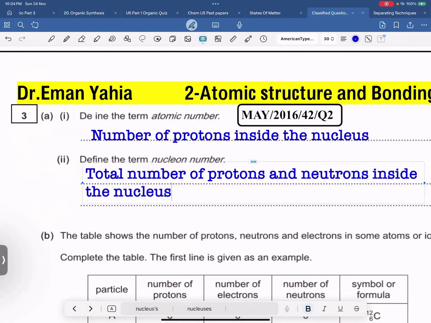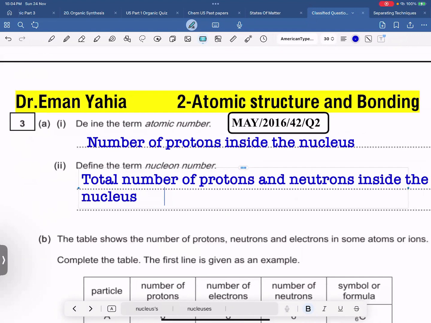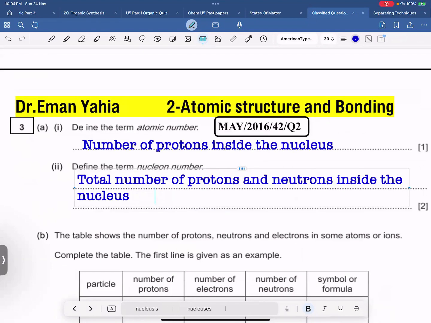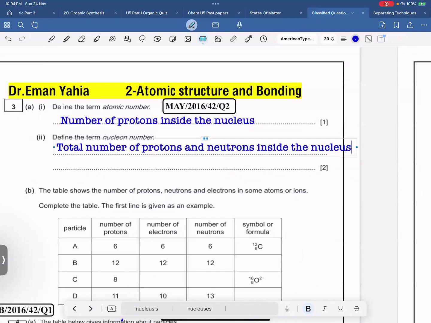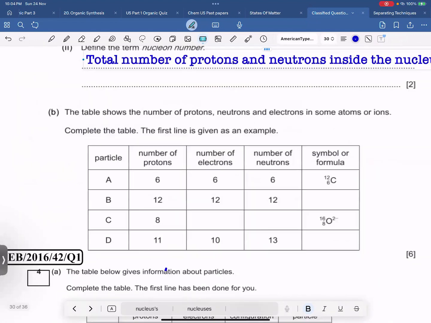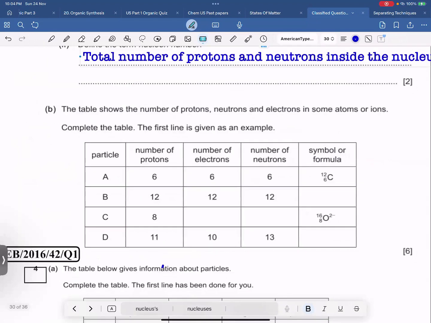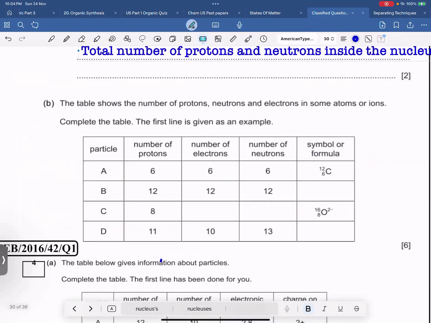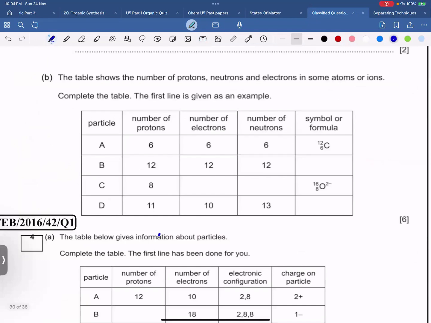Okay, and then the table shows the number of protons, neutrons, and electrons in some atoms or ions. Complete the table. The first line is given as an example. So particle 1, protons 6, electrons 6, and neutrons 6.